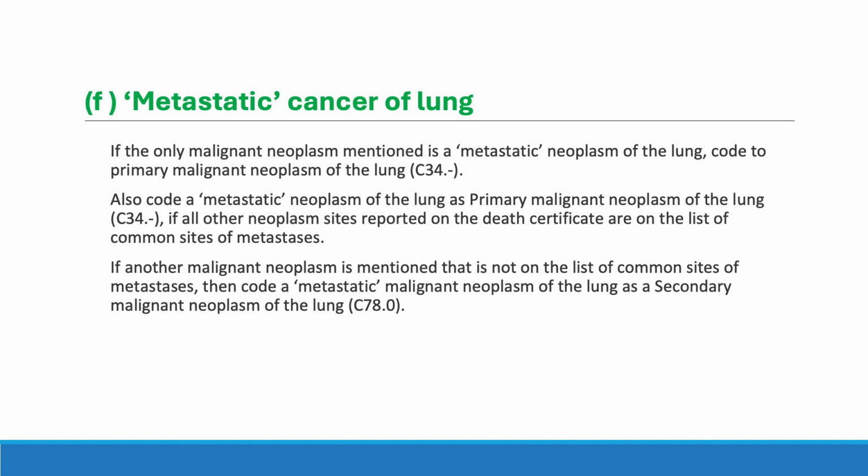Second, if other neoplasm sites mentioned are all on the list of common metastatic sites, metastatic lung cancer should still be coded as primary lung cancer, that is C34. Third, if another malignant neoplasm is mentioned that is not on the common metastatic site list, then metastatic lung cancer should be coded as secondary lung cancer, that is C780.